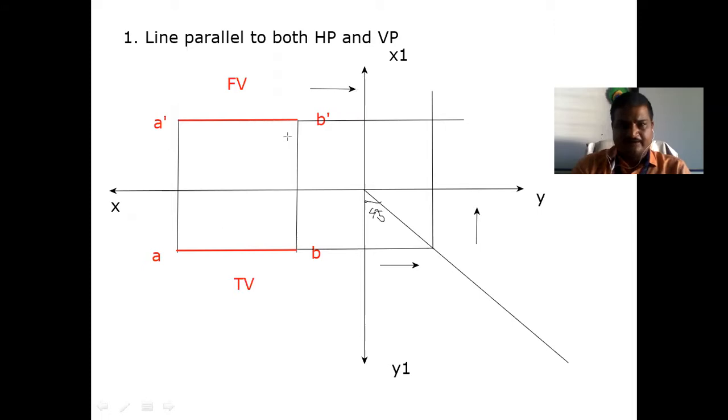Okay, now this A dash B dash point and the projector point of AB intersect over here, and this particular intersection is nothing but a point.